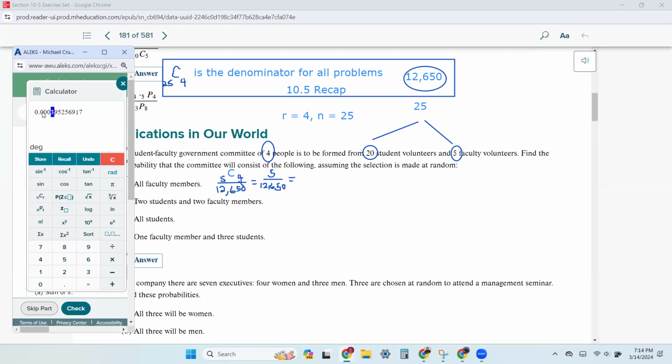If you rounded off to any other place, it would be 0. So this is going to be 0.0004, because the digit immediately to the right is 9, so it bumps the 3 up to a 4.